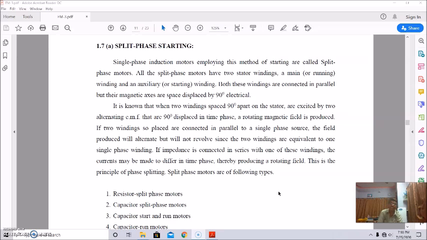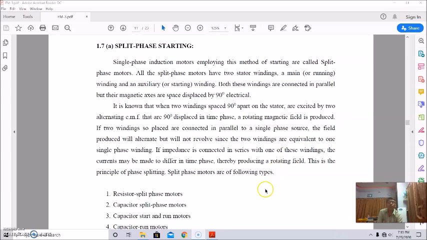It is known that when two windings placed 90 degrees apart on the stator are excited by two alternating EMFs that are 90 degrees displaced in time phase, a rotating magnetic field is produced.